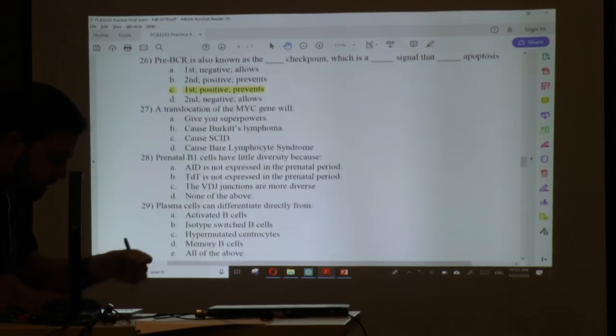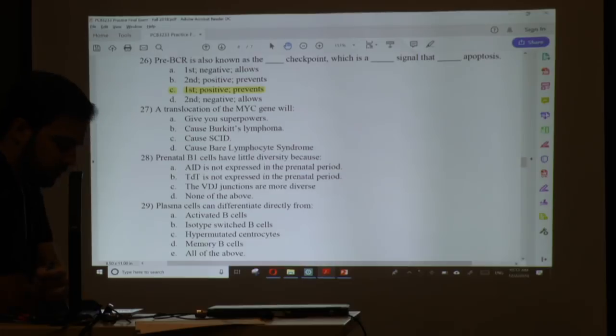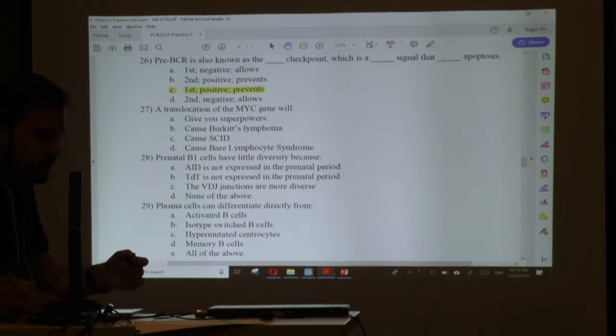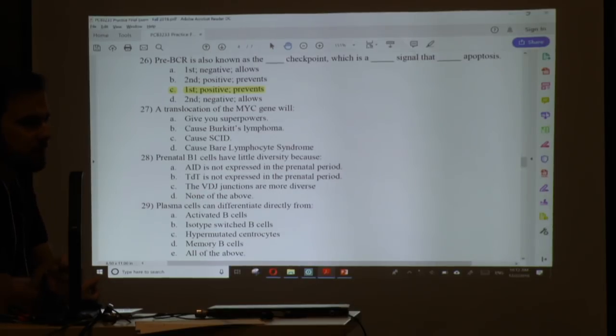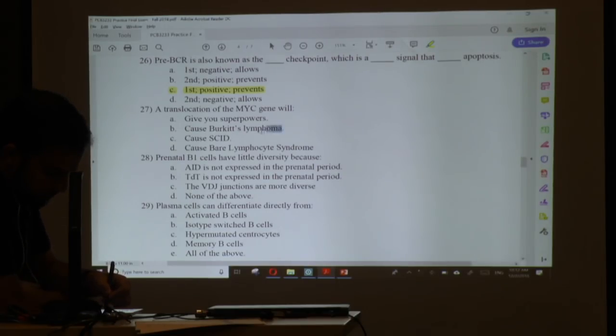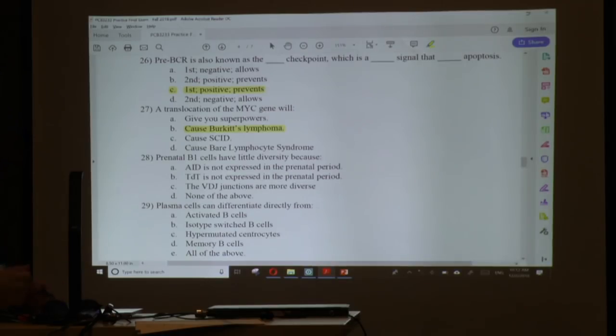So a translocation of the MYC genes will give you superpowers? No. Unfortunately, you get cancer whenever you have mutations. Comics lied to us. You don't really get superpowers. But anyways, you get Burkitt's lymphoma. This is a very straightforward question. This is one of these type of questions that you either know it or you don't.